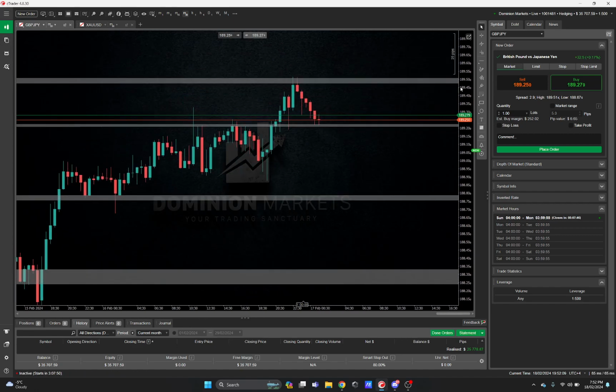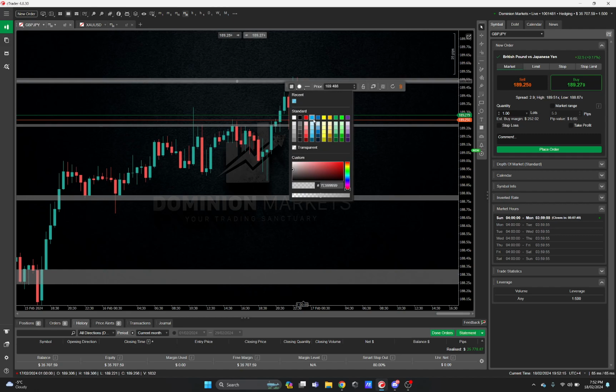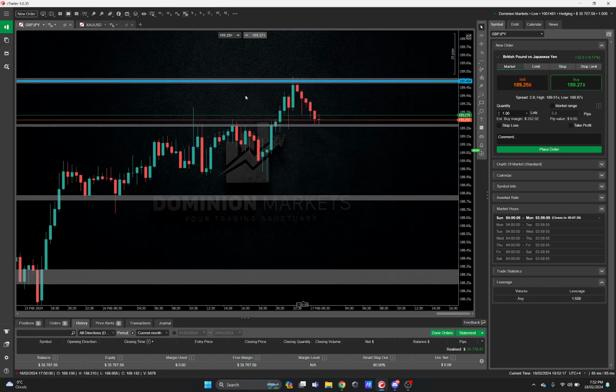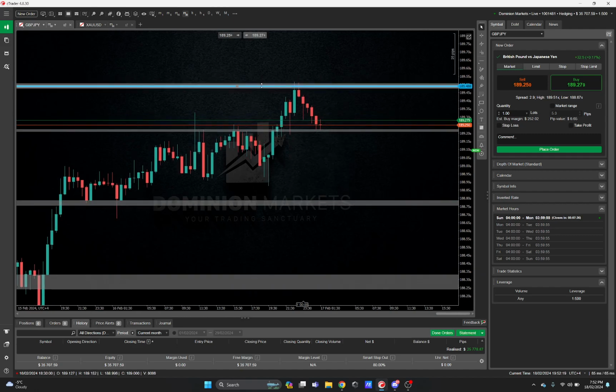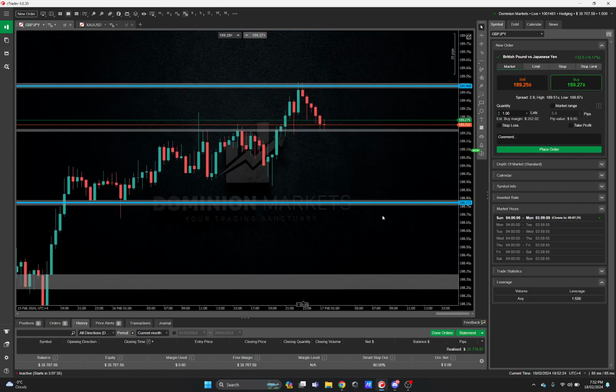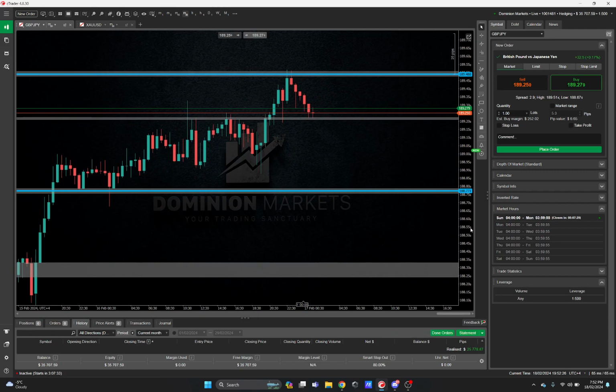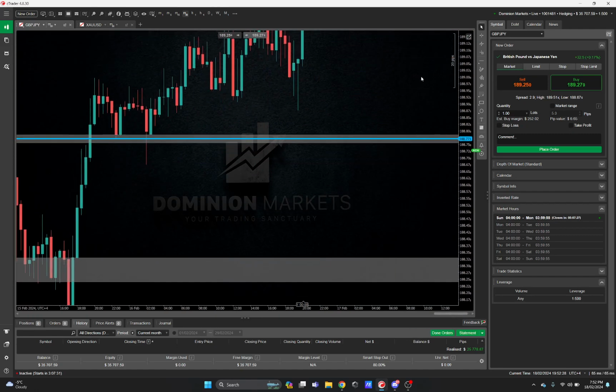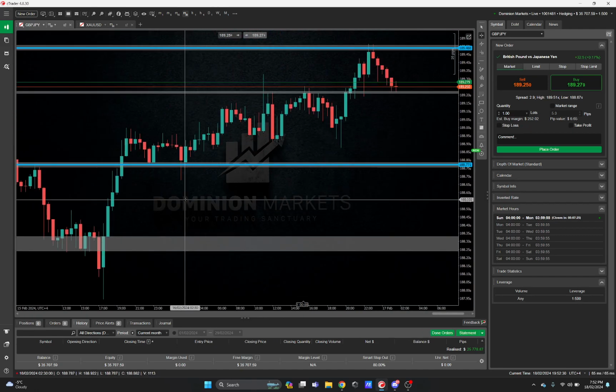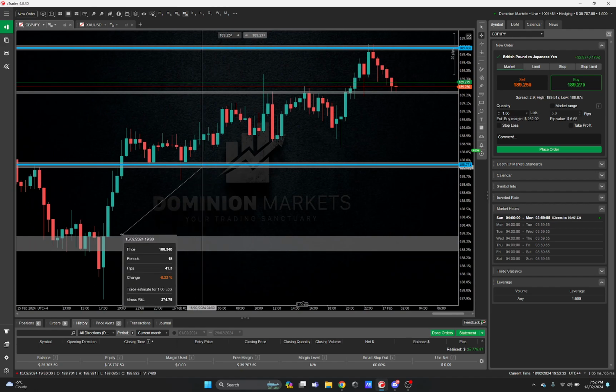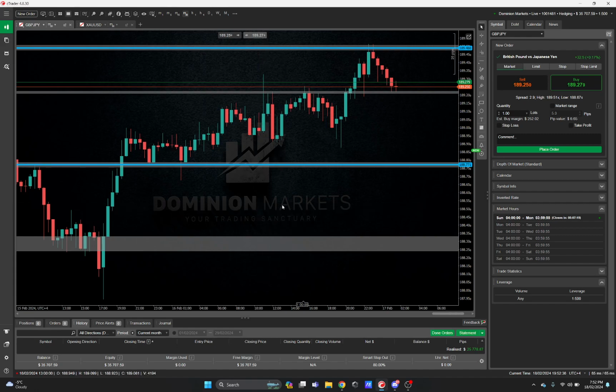I think it's going to be better to wait for price to break above 189.488 or break below 188.770. Let me bring my blue color over here. If we can break below 188.770, then you've got a clean range to the left-hand side going all the way down towards 188.330, 40 to 41 pips away.